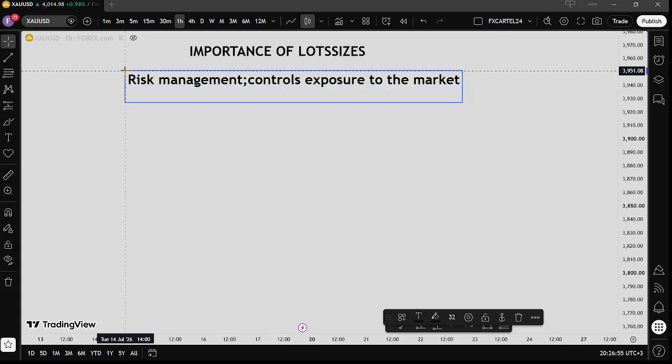Okay, so let's look at it. You're picking a portion, for example, you risk $20. So how would you risk it? It is through lot sizing.